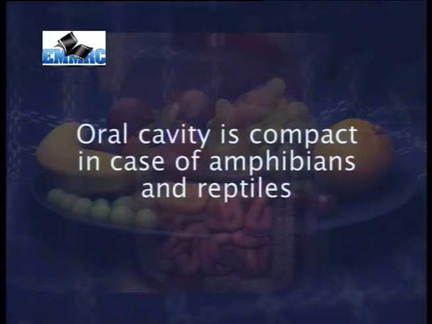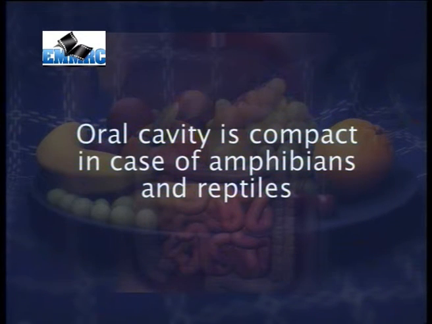In case of gnathostomes, that means the organisms which have jaws, that include fishes, amphibians, reptiles, birds and mammals. In case of fishes, the oral cavity is shallow, loosely organized, roofed with dermal bones. What happens in amphibians and reptiles?